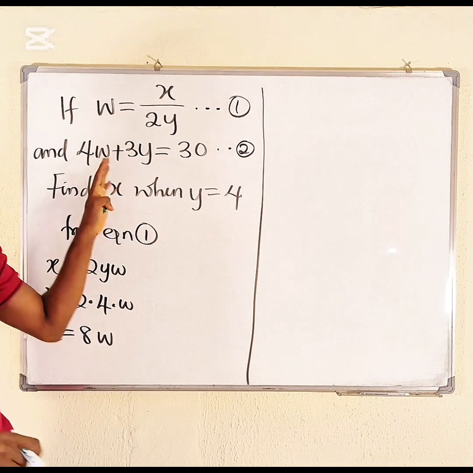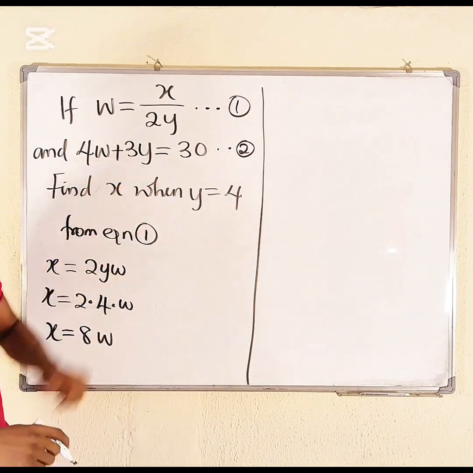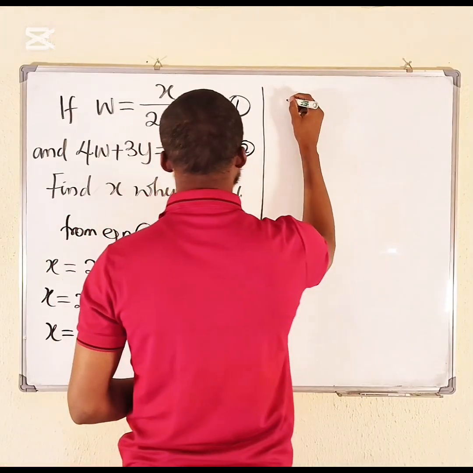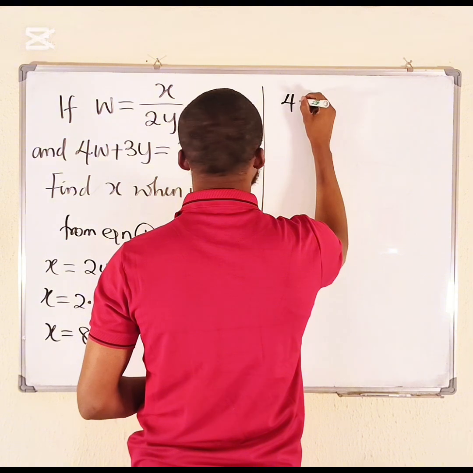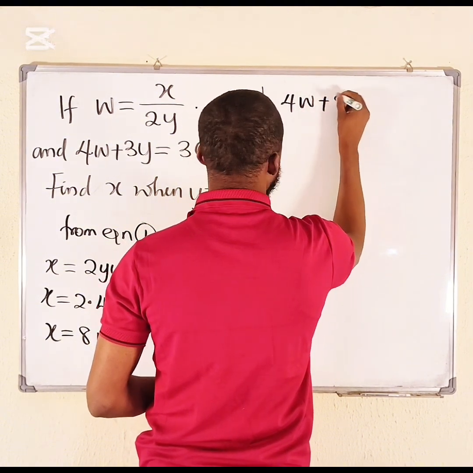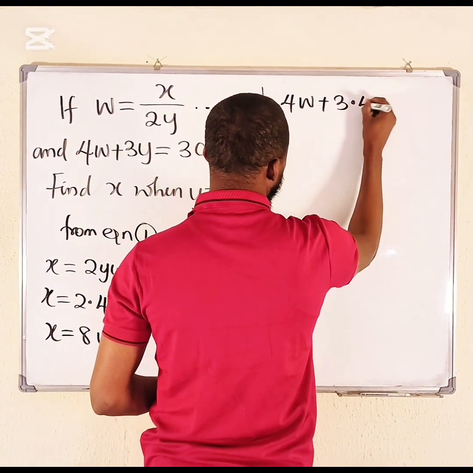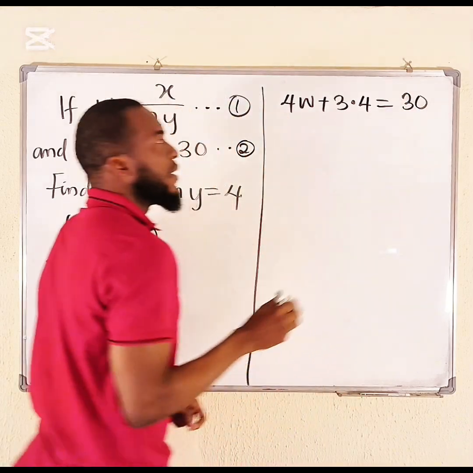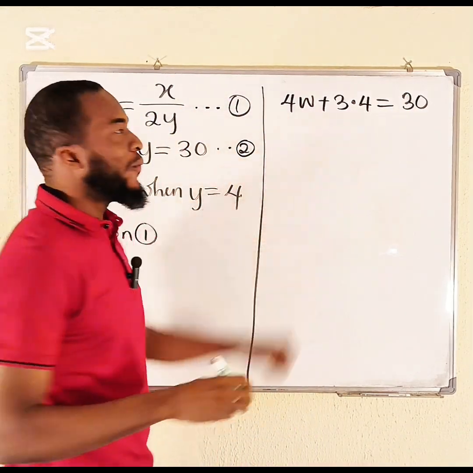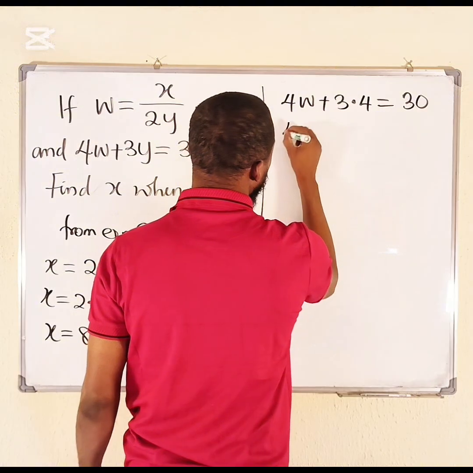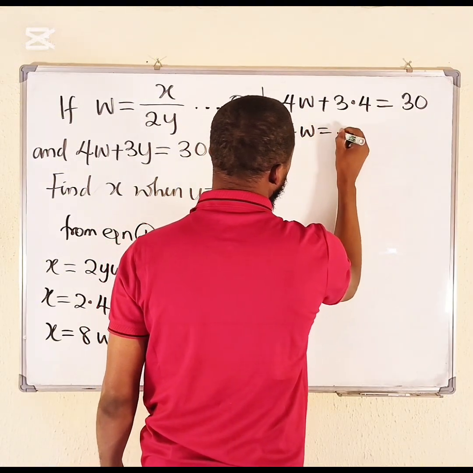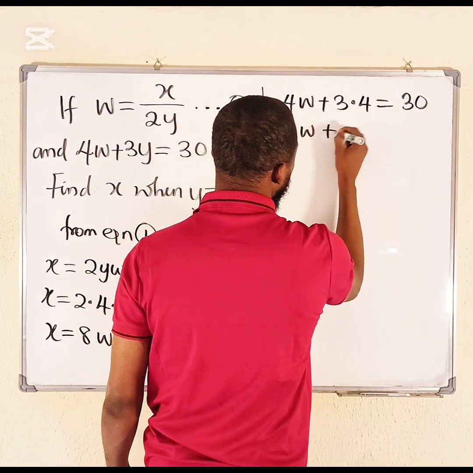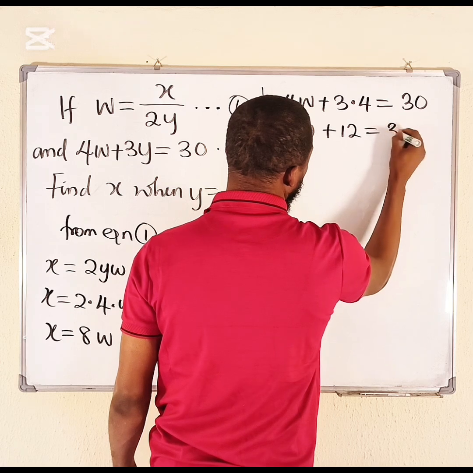So from the second equation, we have 4w plus 3y equals 30. Let me write it here. 4w plus 3y, but remember y is 4 and this is equal to 30. 3 multiplied by 4 is 12, so you have 4w plus 12 equals 30.